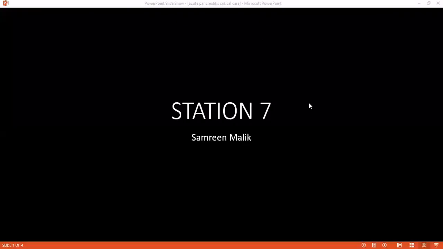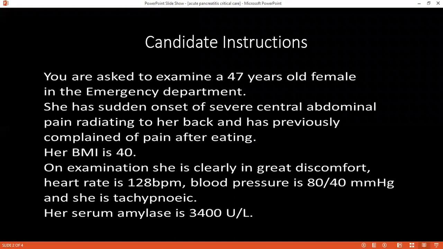Started and started your timer, and here is your question. Once you have read this, please tell me there is something written on the next page as well.